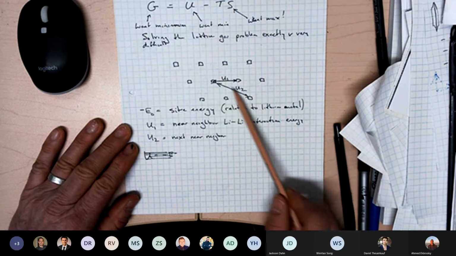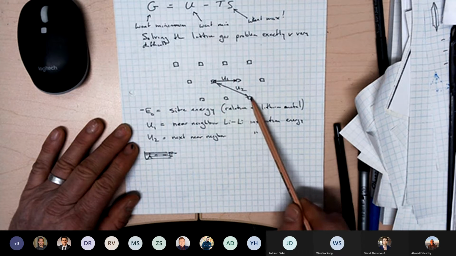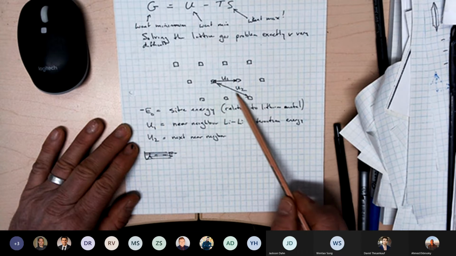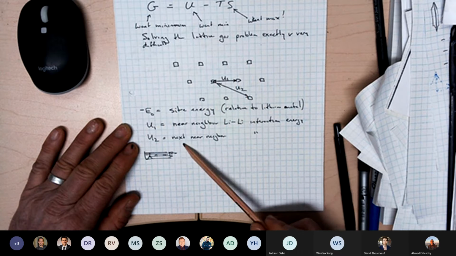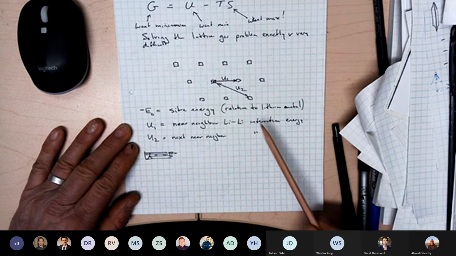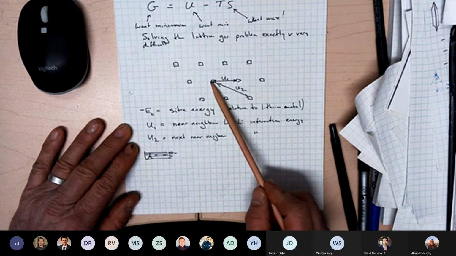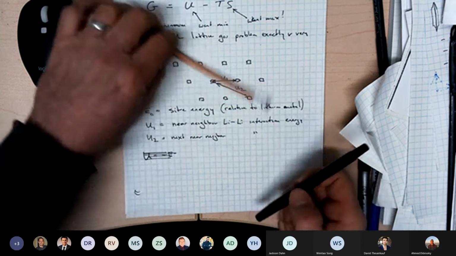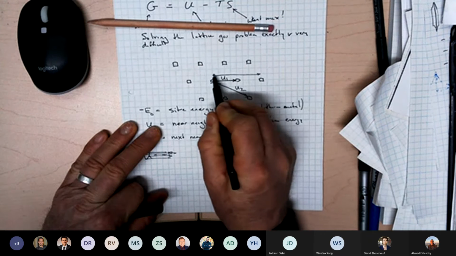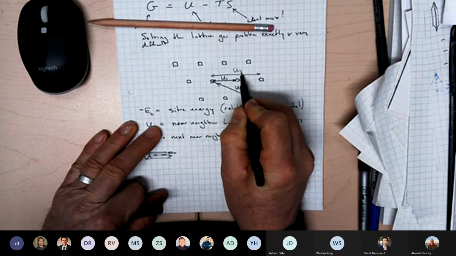And if you're talking about two lithiums that are separated on the next near neighbor pair of sites, we'll call that U2, the next near neighbor lithium-lithium interaction energy. And you could take the third neighbor, which would be this one, and talk about U3 if you want. If you want to include more interaction energies, you can include U3.